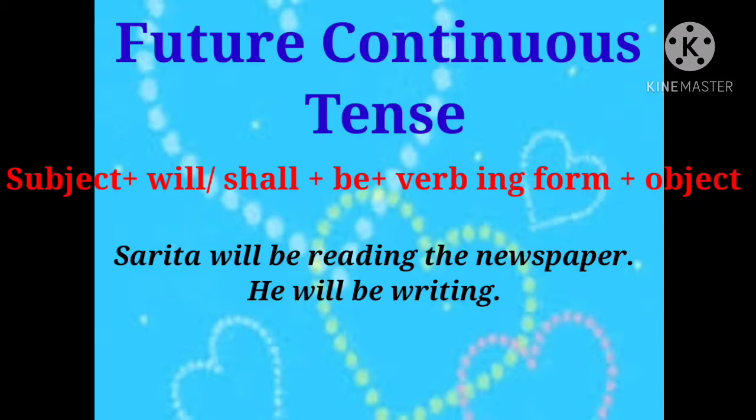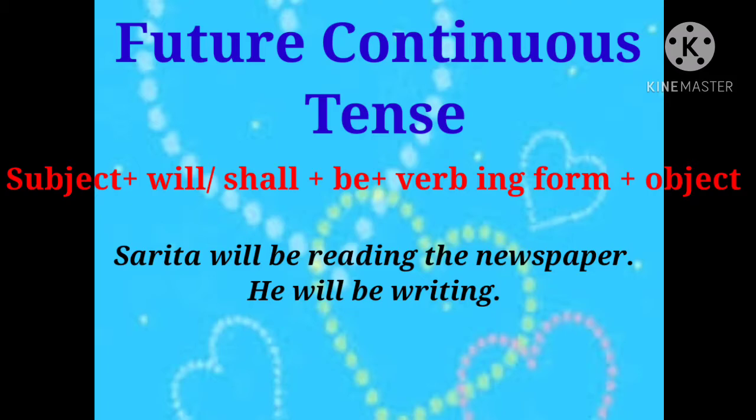He will be writing. So these sentences tell us that an action will be going on in the future time. Future continuous tense tells us that an action will be going on in the future time. The formula we use is will, shall plus be plus verb ing form.